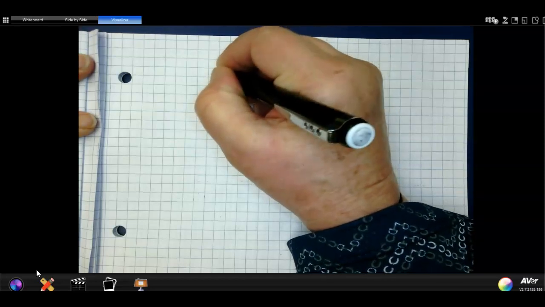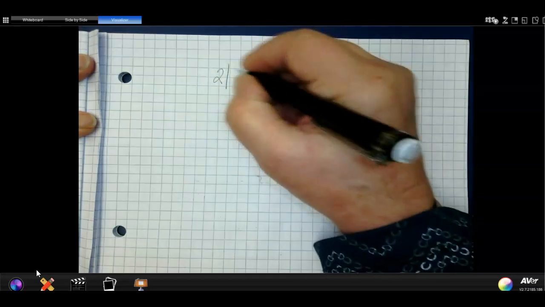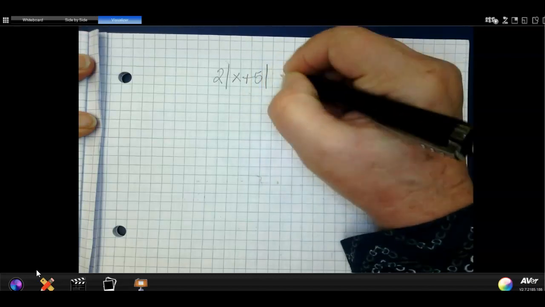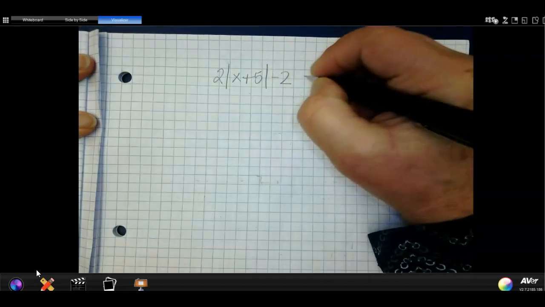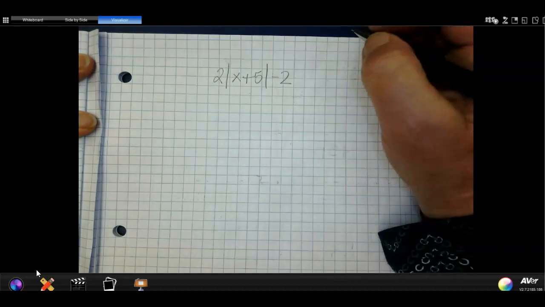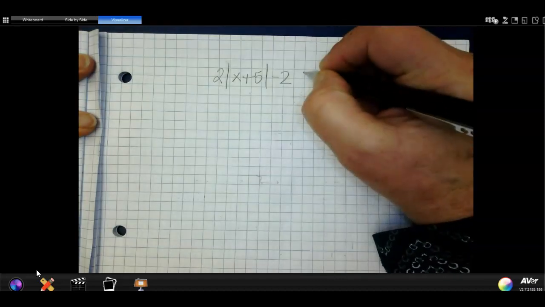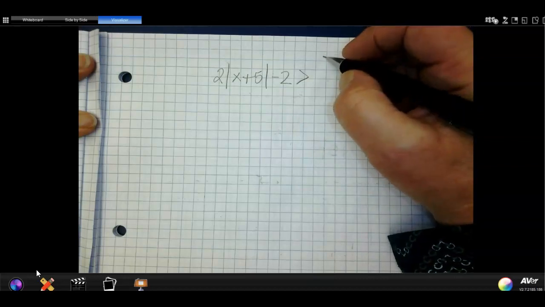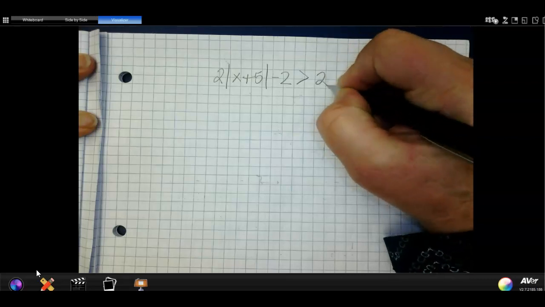So we've got 2 times the absolute value of x plus 5 minus 2. Let's do greater than. Okay? Let's start with greater than. Is greater than 2. Okay?